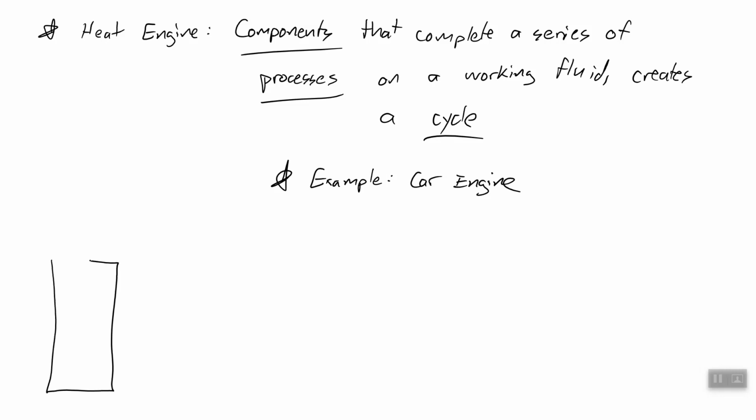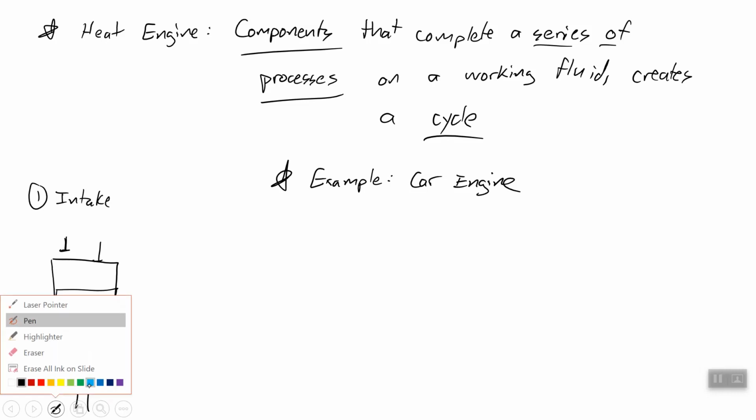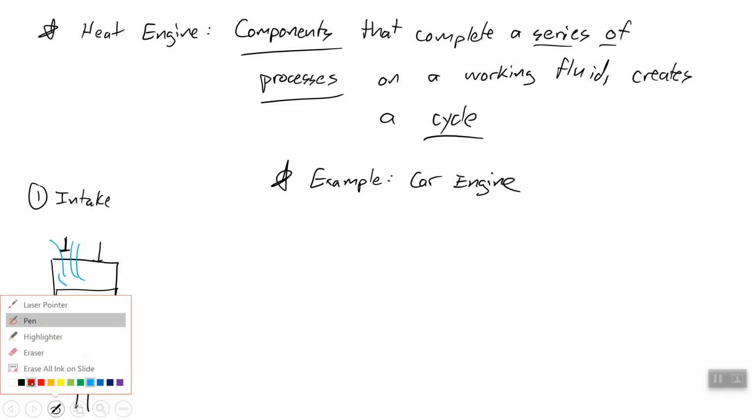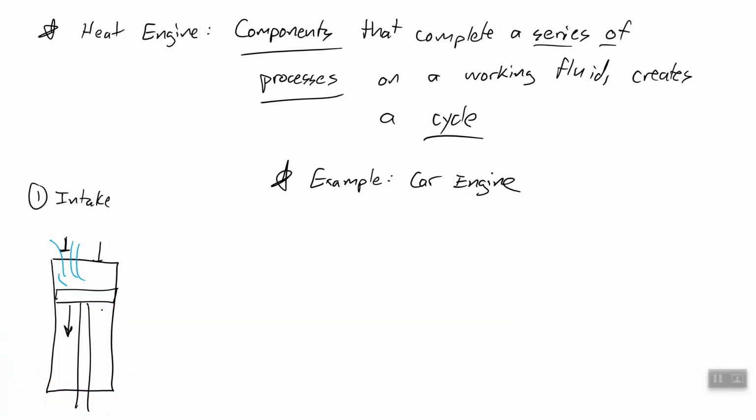So your car engine, we've got your cylinder, and we've got a piston inside that cylinder. So remember, we have a series of processes. So let's look at process number one. We will call it intake. So in the intake process, your intake valve opens and fresh, cold air is drawn into your cylinder. And it's drawn in because this piston is being pulled down. It's doing work and pulling this fluid into your cylinder.